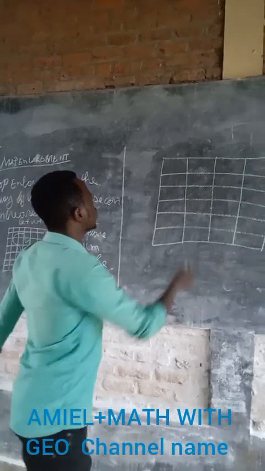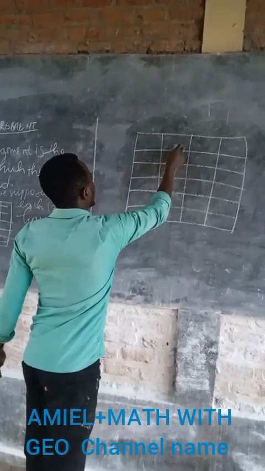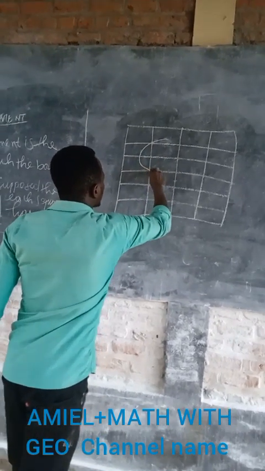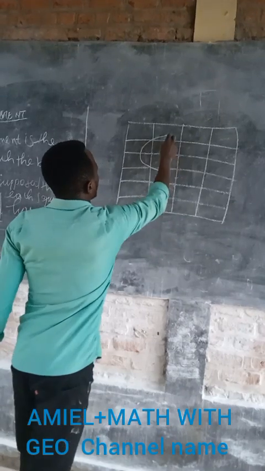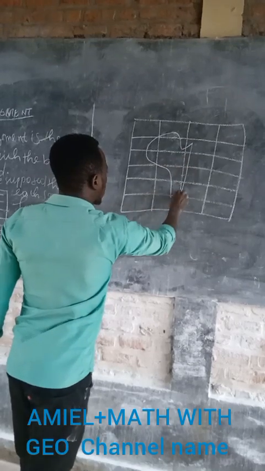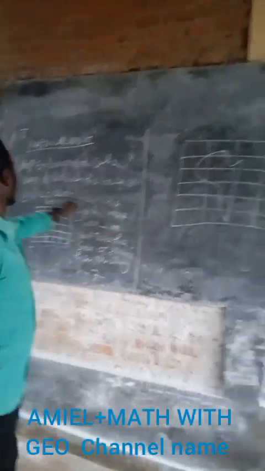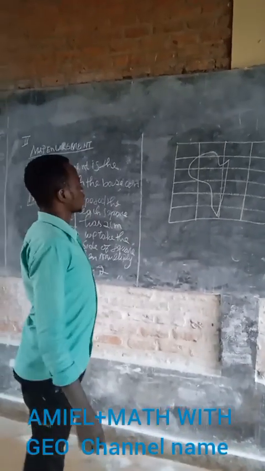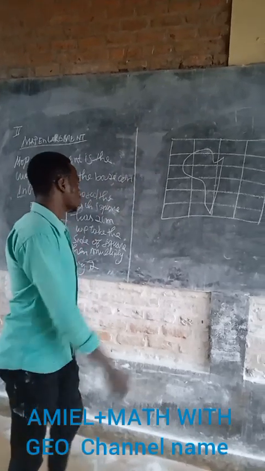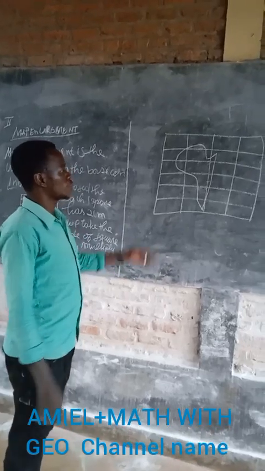Then we draw our map accordingly. So you see here, this map is bigger compared to this one. This is the first method you can use to make the enlargement of the map.